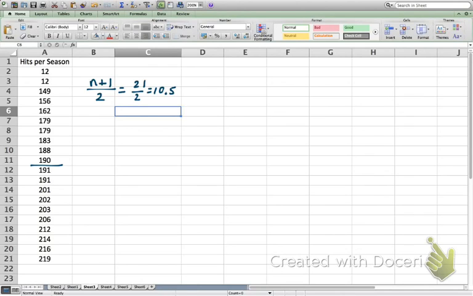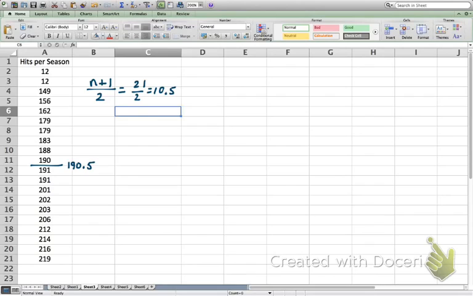So our median is found between the 10th and 11th data values, which are cell 11 and cell 12, so halfway between 190 and 191. The median in this case is going to be 190 and 1/2.